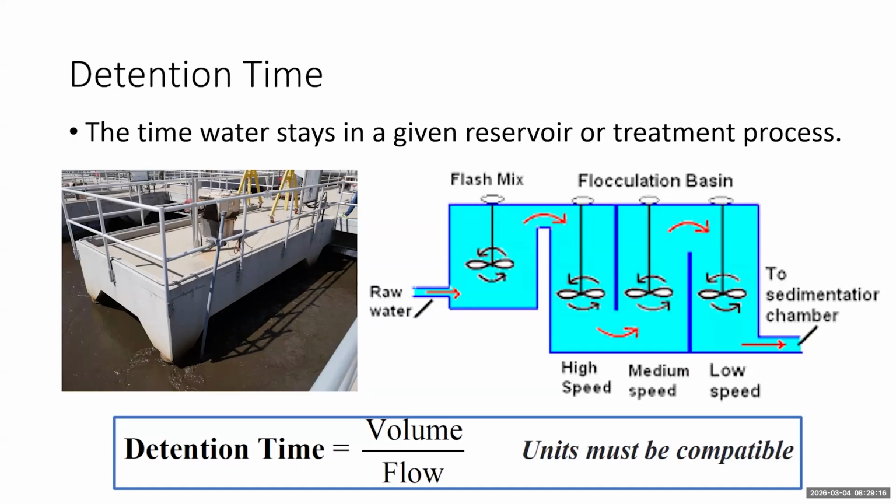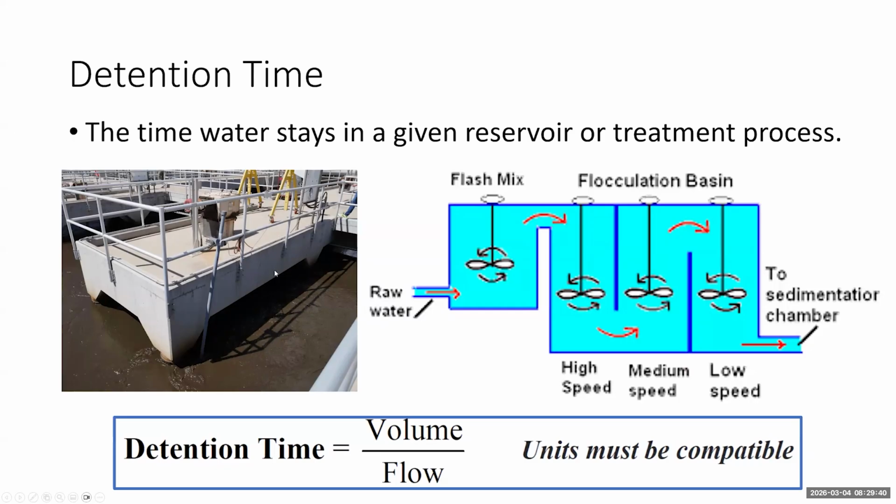And you can see it could be detention time for the picture on the left of one type of tank, or detention time for a picture on the right, where it's going through several different phases and processes. So you would be calculating volumes of different chambers or different places where the water goes and adding it all together at the end.